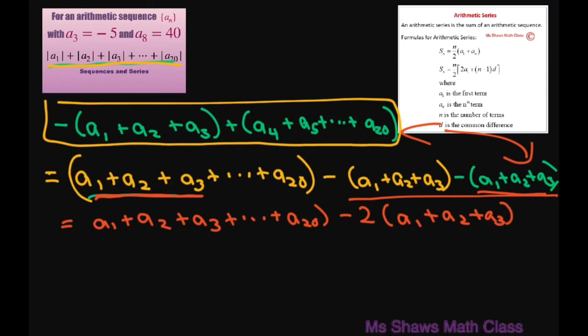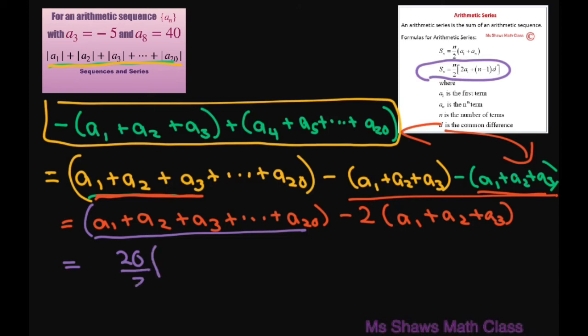All right, now I can use my formula given here. For this piece, the sum of the first 20 terms is going to be 20 over 2, times 2 times your first term.